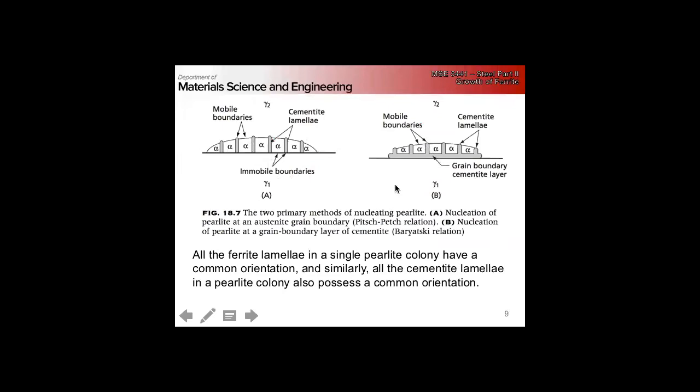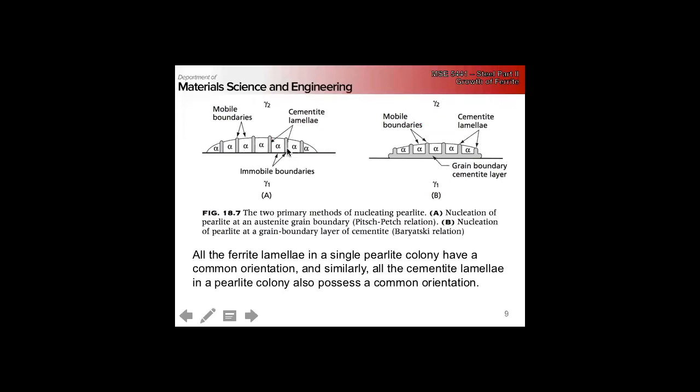The exact orientation, whether it's Pitsch-Petch or Bagaryatsky, doesn't matter for this. What is important to remember is that because of maintaining the relationship between the austenite and the cementite, the ferrite and the cementite, all of these ferrite layers are going to have roughly the same orientation, and the cementite are also going to have the same crystallographic orientation.